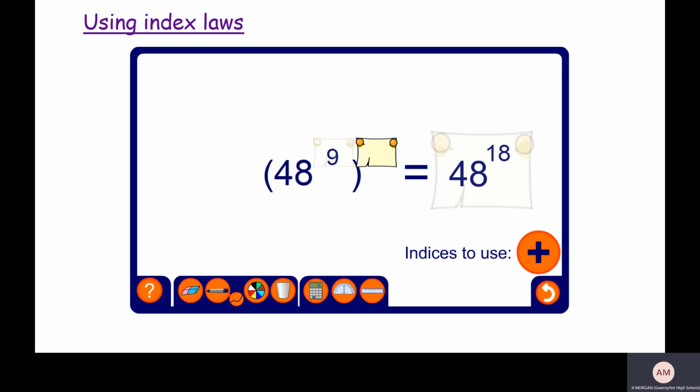Okay, so if we have a look at this question here, we've got 48 to the power of 9, brackets, to the power of something, and the answer is 48 to the power of 18. And I want to know, what is that missing number?